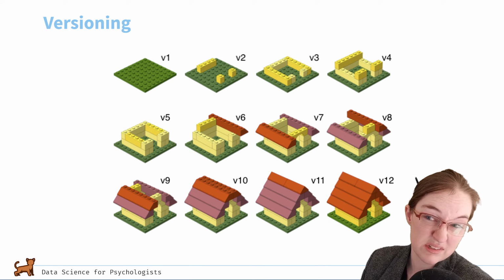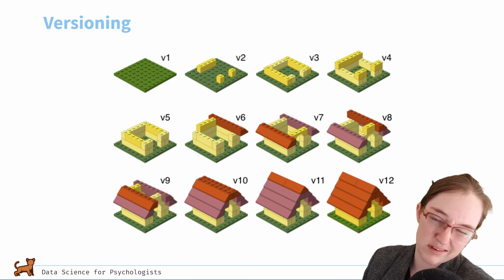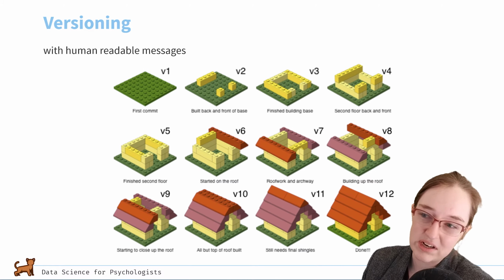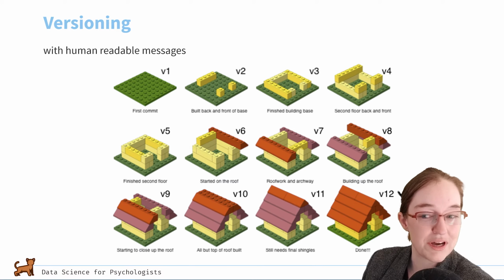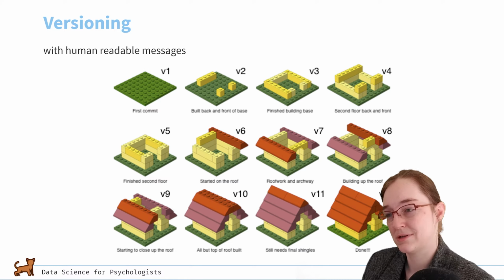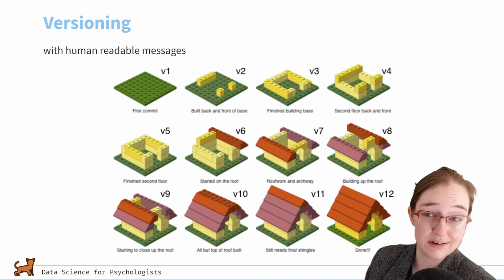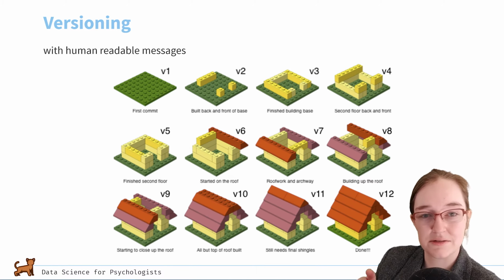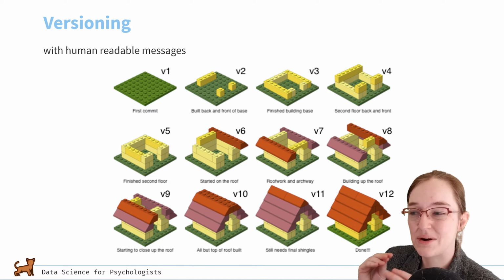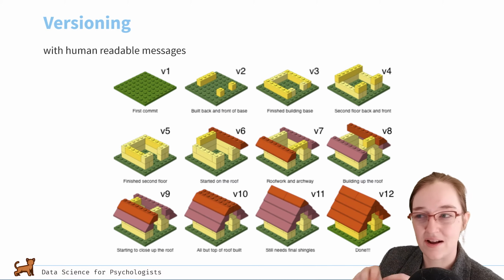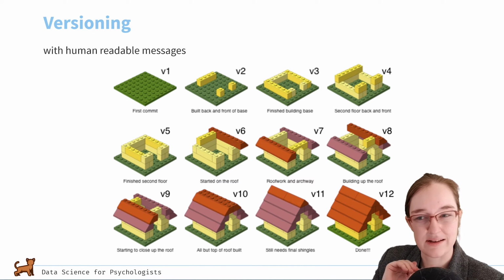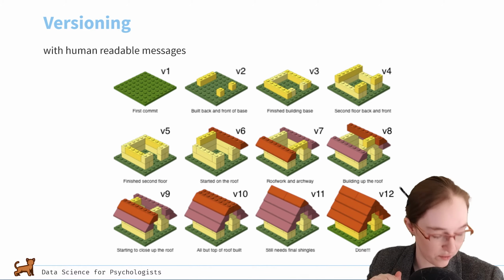Because without labels, I think we can figure out that this is some kind of Lego house, but it's really helpful to have human readable messages. As you can see here, now we have version 1. It's the first commit, so that's just the foundation. Then we start building in some of the back and the front. That's version 2. Version 3 is we finish building the baseline. We add some more in version 4.